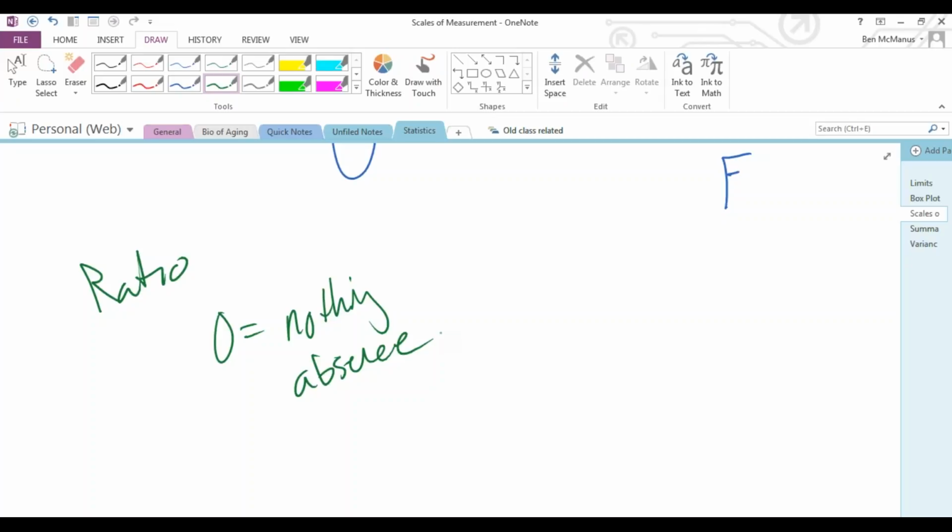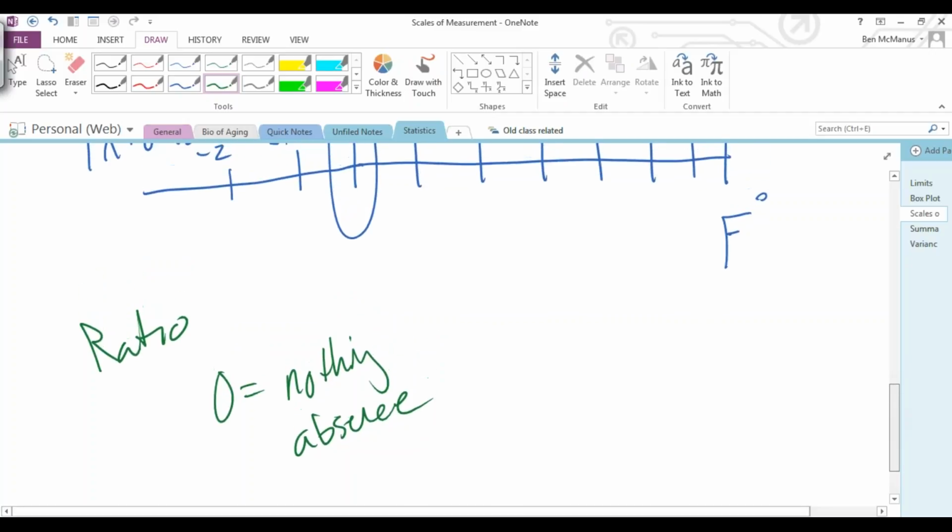There is none of that there. If you saw somebody with a weight of 0, it means there is no gravitational pull upon that mass. It is completely absent. You can't go any less than that. There is no negative weight. There is no negative IQ. 0 is the end. 0 means nothing. It's done. Complete absence.